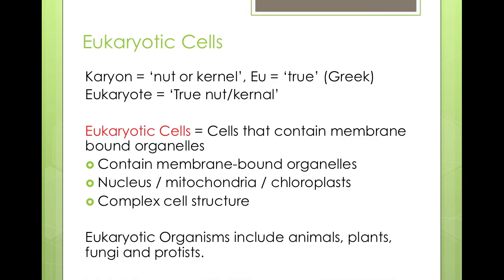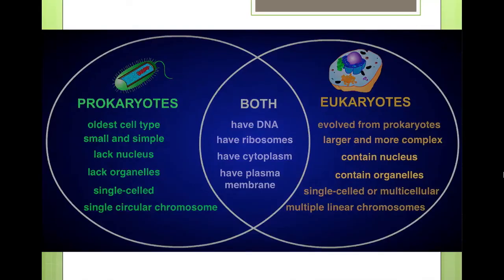Eukaryotic organisms are basically all the stuff that you're typically able to see: animals, plants, fungi, and protists, which include things like algae and protozoans. They have a complex cell structure in comparison to the prokaryotic cell, with a nucleus to store the DNA, mitochondria for energy, and chloroplast for photosynthesis. Those are the differences between them.